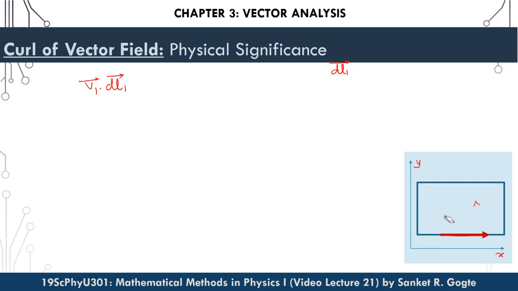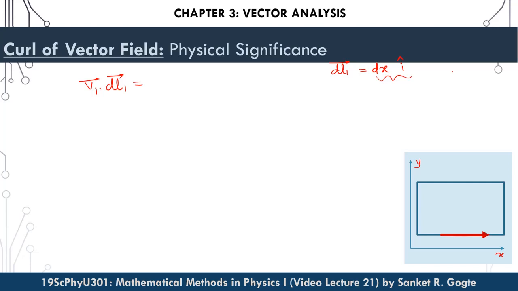Keep that in mind. Now this vector dl1 has magnitude which is equal to dx, and its direction is along positive x-axis, so it is multiplied by unit vector i to make it a vector. Since we are taking dot product v1 dot dl1, it should be immediately clear that we only have to worry about the x component of the vector.